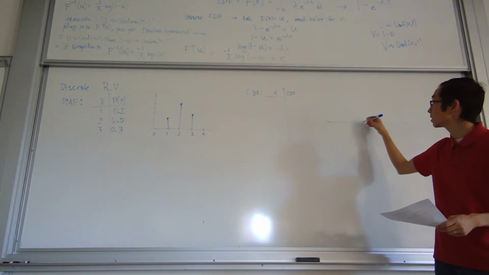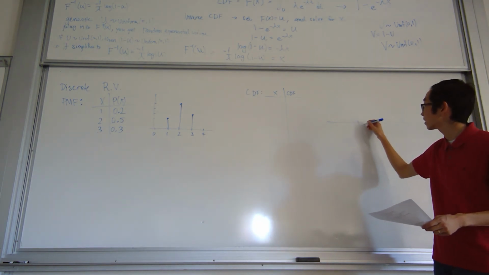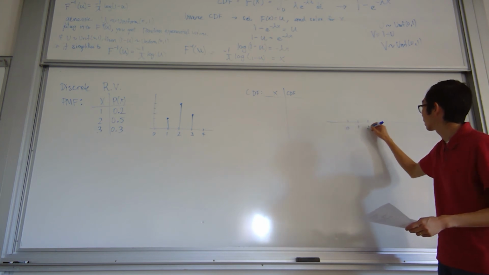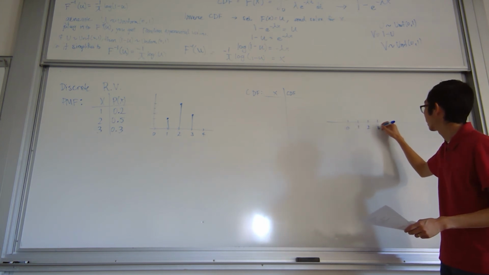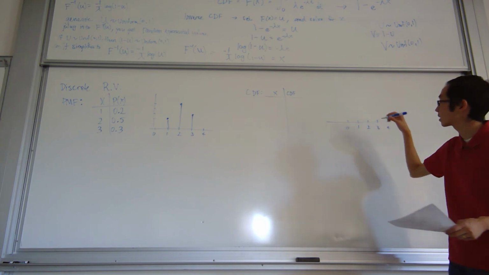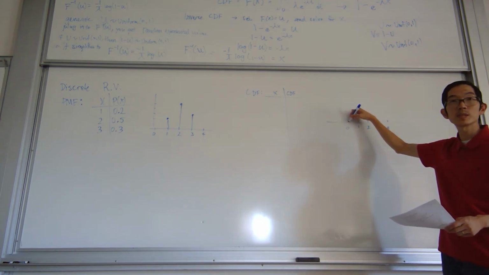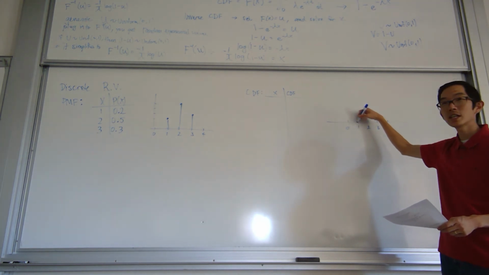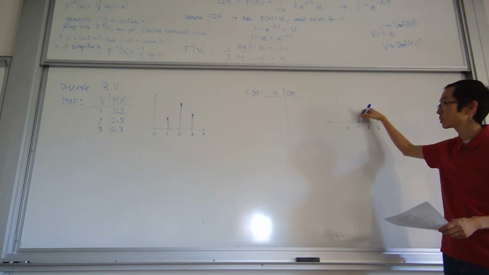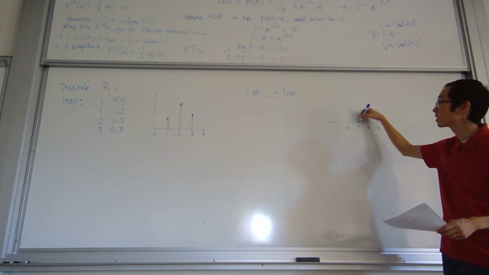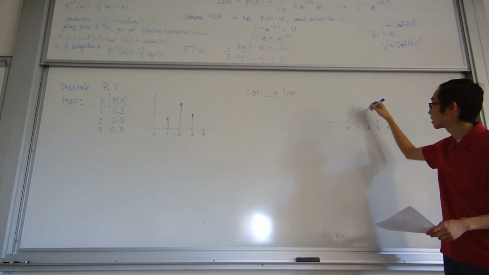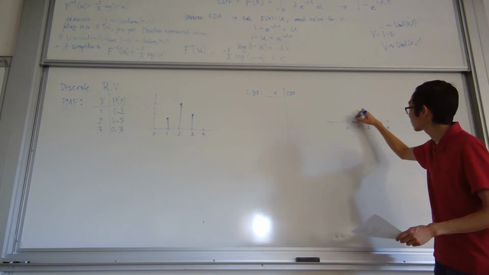So at 0, what's the value of my CDF? 0. At 0.9, what's the value of my CDF? Okay, and at 1, what's the value of my CDF? 0.2, right?